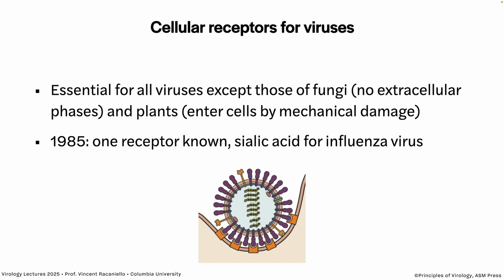Fungi, there are viruses, but they never leave the cell. They stay, they reproduce in the cell, and then as the fungi divide, they divide with them. In fact, some fungal viruses don't even have capsids. They're just nucleic acid. Okay, so there are no receptors for viruses of fungi or plants. Plant viruses get into plant cells by some kind of mechanical damage.